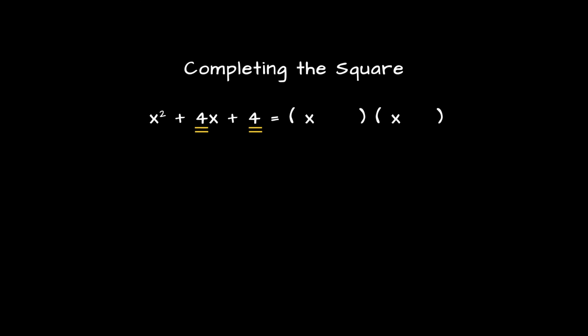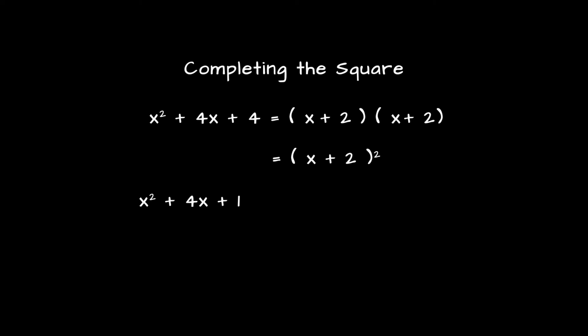And of course, what's true here is that those numbers are 2 and 2. In other words, this particular quadratic expression factors as a perfect square, x plus 2 squared. And that's just about the nicest way that you can hope for a quadratic expression to factor.